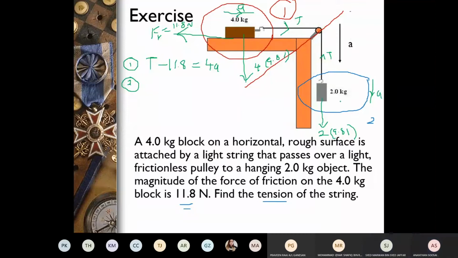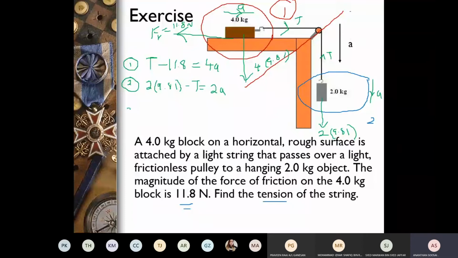So force down is greater. How is the equation going to be? 2 times 9.81 minus tension equals to, which mass to be used? Because only the second system we are using, so it's 2A. Second equation.